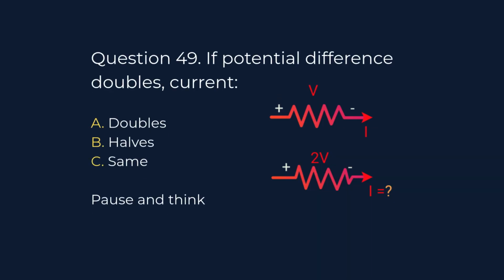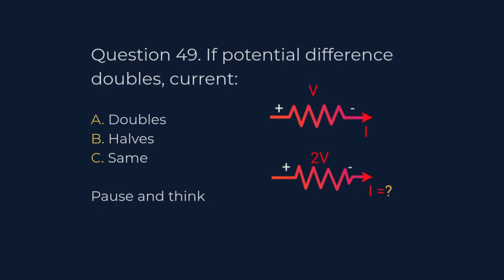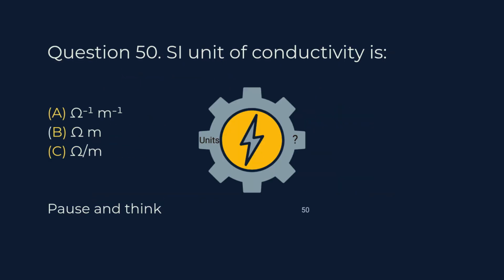If potential difference doubles, current A doubles, B halves, C same. Question 50. SI unit of conductivity is A ohm inverse meter inverse, B ohm meter, C ohm per meter.